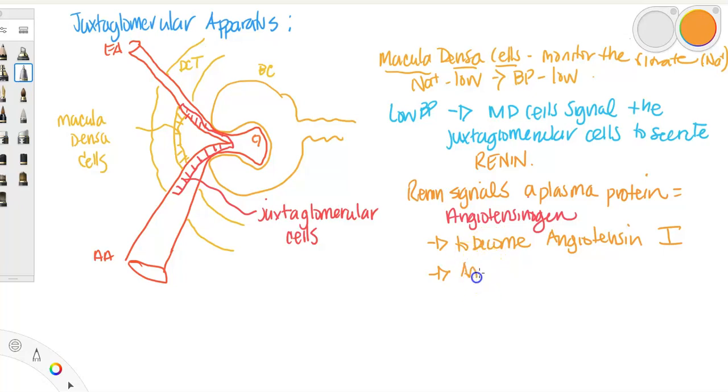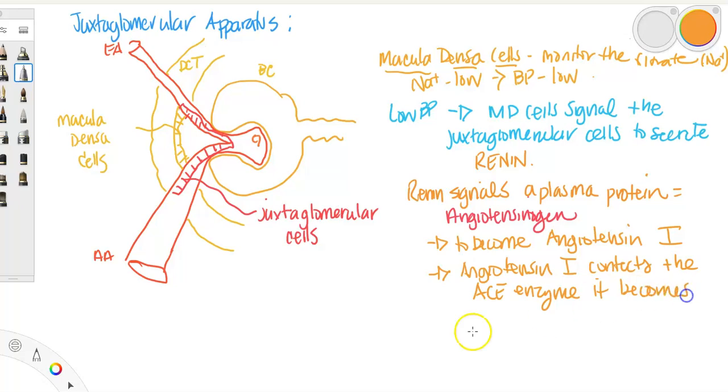So angiotensin 1, when it contacts the ACE enzyme, then it becomes angiotensin 2.